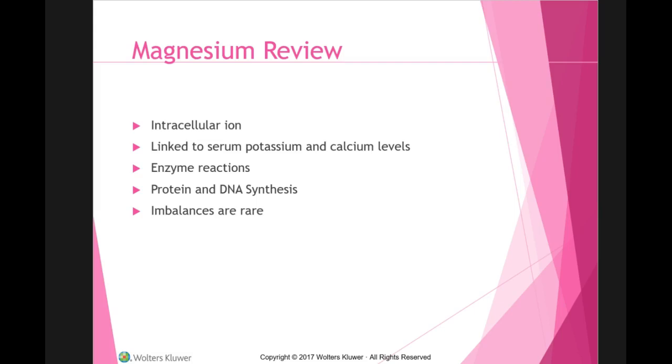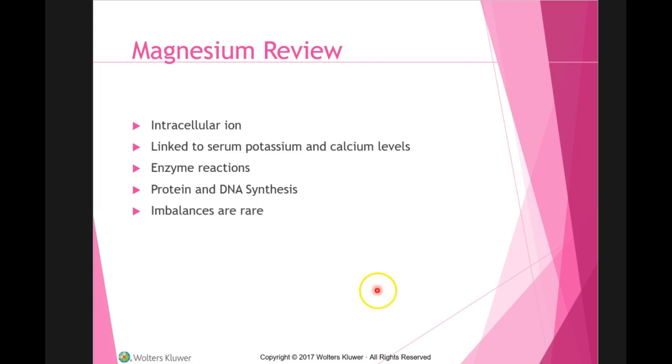If somebody is severely hypokalemic, they'll be on an electrolyte replacement protocol, which includes magnesium, calcium, and potassium supplementation. For the most part, magnesium is found in green vegetables, and it's important in many enzyme reactions, as well as in protein and DNA synthesis.